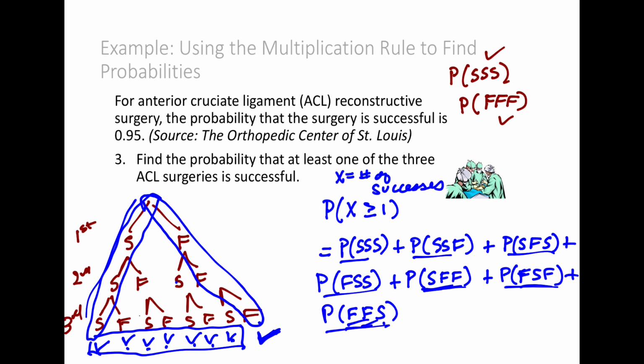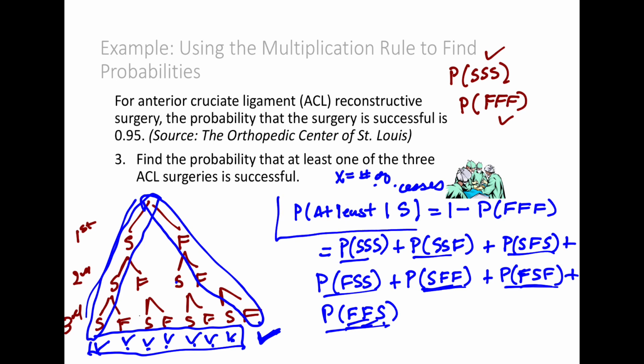So here, when I find the probability of at least 1, and I'm just going to go ahead and write that. Probability of at least 1 success. We see that it will be equal to 1 minus the probability of all failures, so no successes.